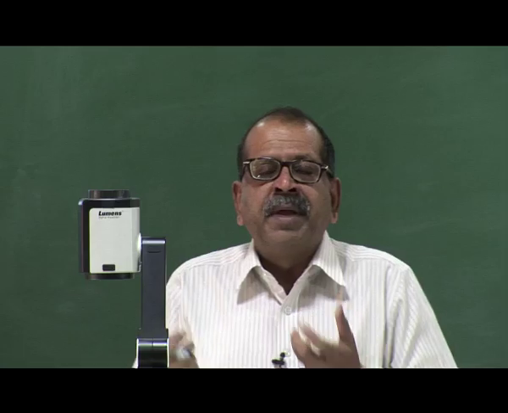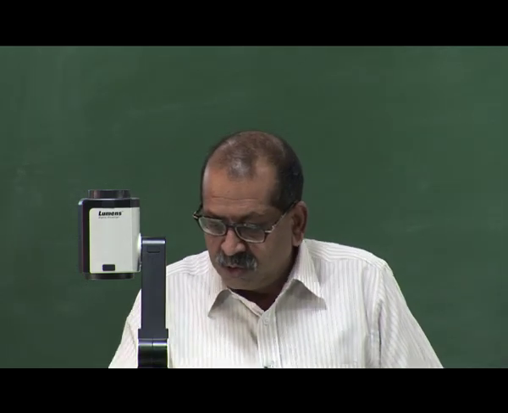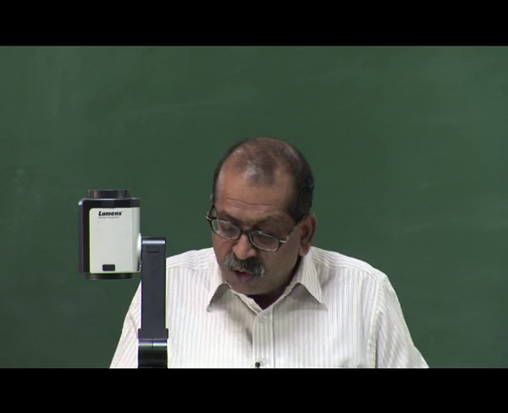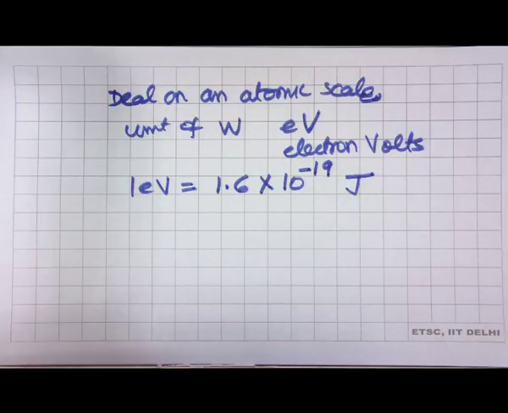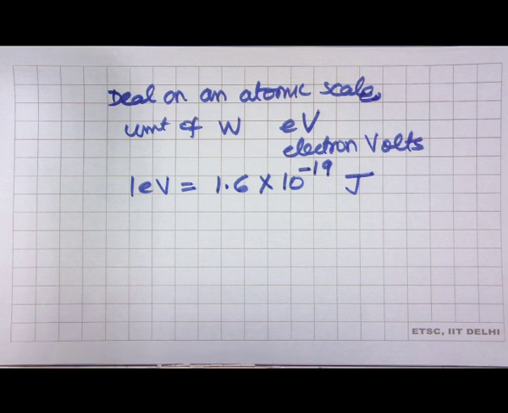So, when we work at atomic levels, we use the unit of electron volt so that we do not carry too many small powers of 10.